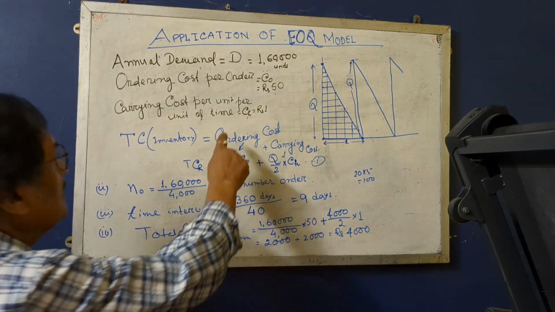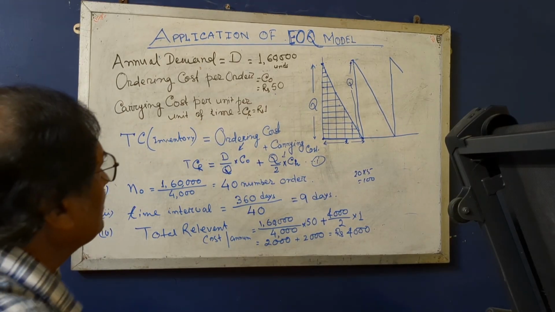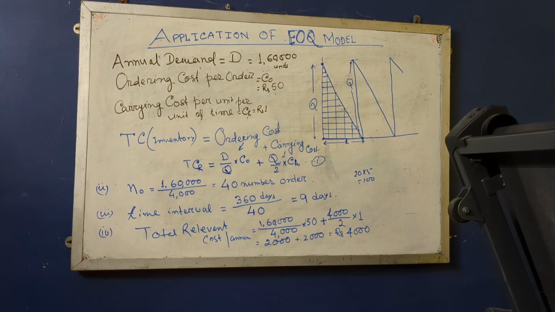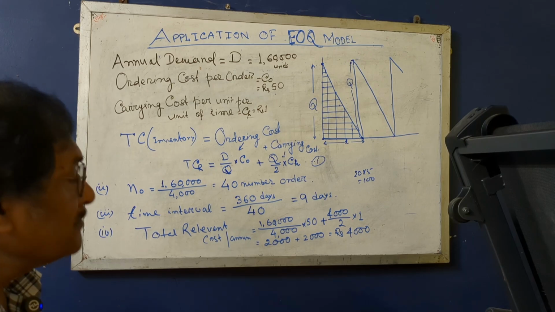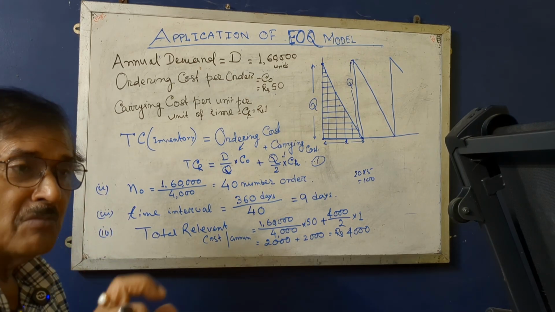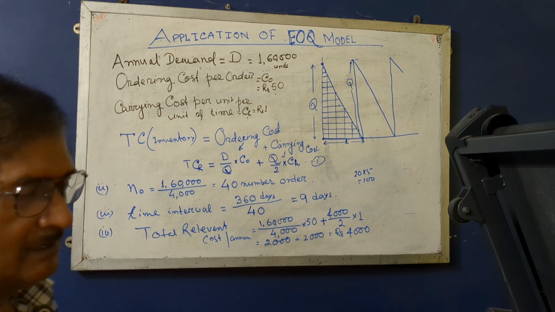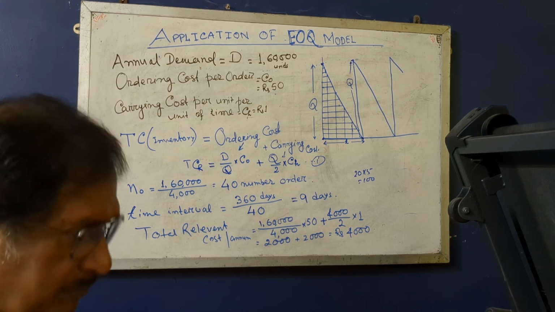Another thing, in many problems you will see the carrying cost is given in percentage form. Say the carrying cost is 10% per annum. When the problem is like that, then the cost per unit of the material will be given. Percentage means it is the percentage of the material cost. Keep this in mind, it will not be written in the problem.